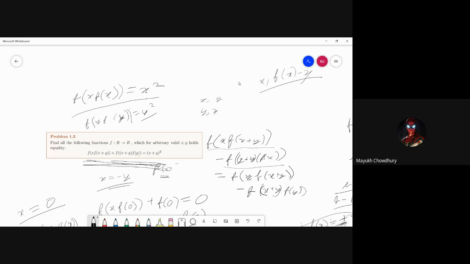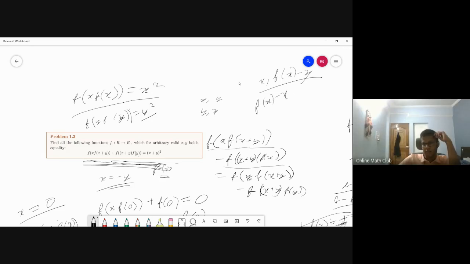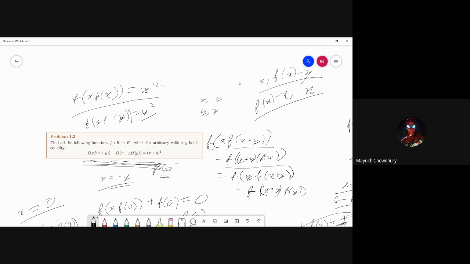No, no. Then c is equal to x and y is equal to a. Okay, f of x minus x comma x. Okay, yes.